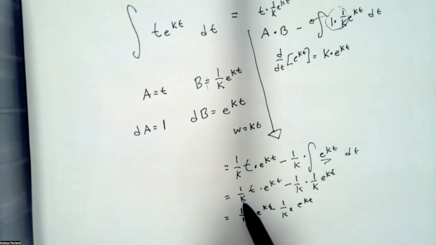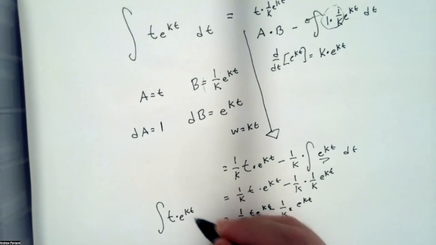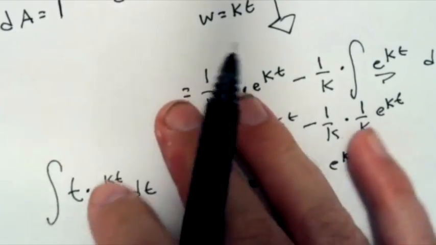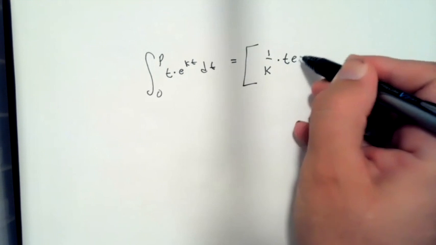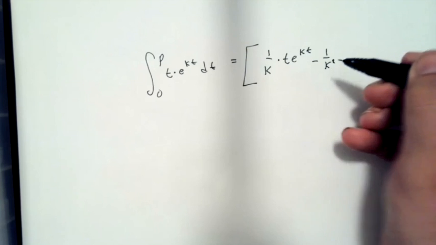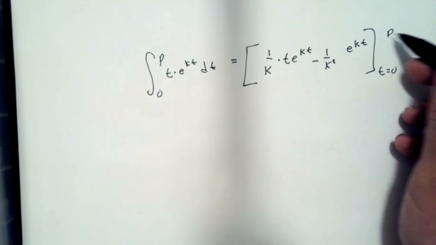So when I take this expression, which is the antiderivative of t times e to the kt dt, I'm going to do the definite integral from 0 to p of that. What I'm going to be doing is taking this 1 over k times t e to the kt minus 1 over k squared e to the kt, evaluated from t equals 0 to p, and subtract.